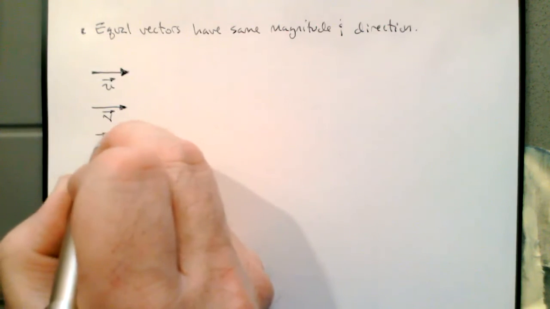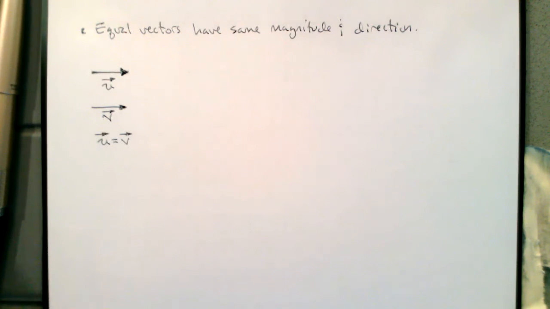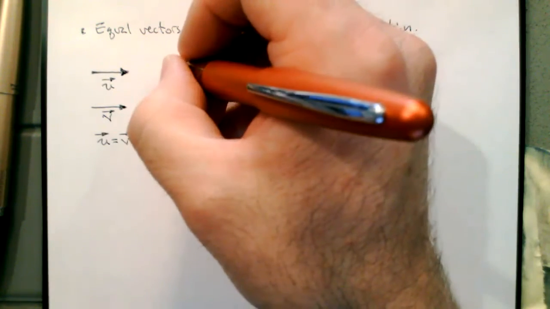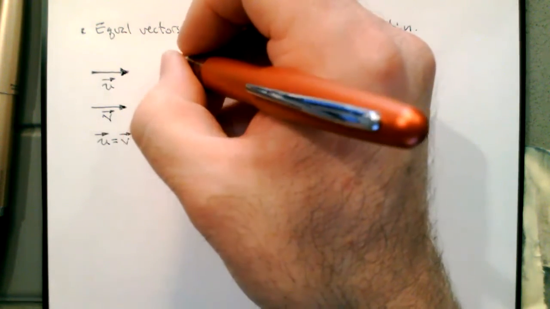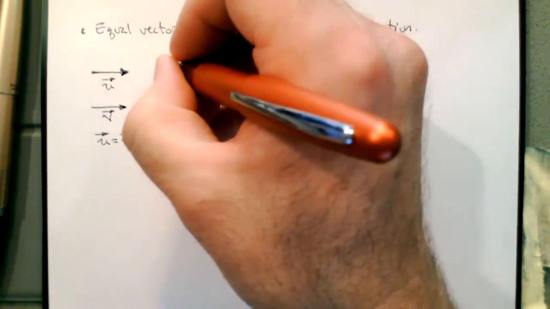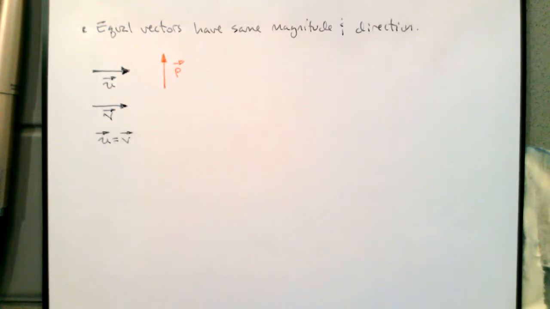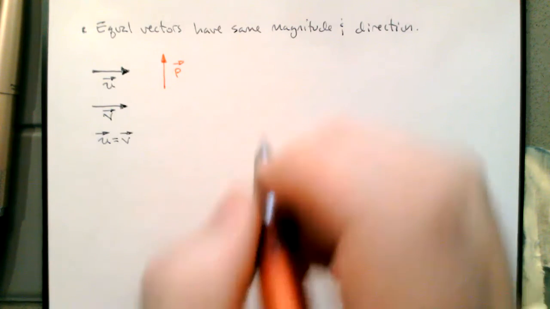That's bad grammar. U are equal to v. If I have another vector that's 2 squares long, I don't know if you can see the squares, but I have squares here. If I have another vector that's 2 squares long, there's the vector p. The vector u is not equal to the vector p. They're both 2 units long, but they're pointing in different directions.